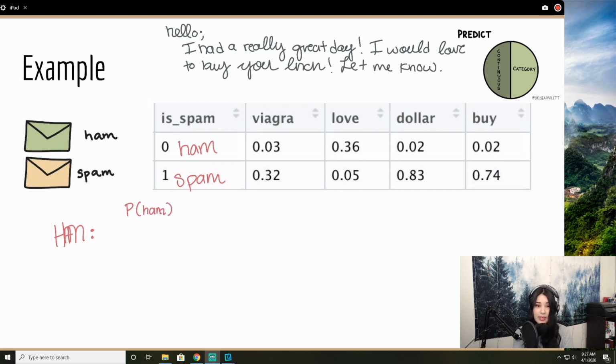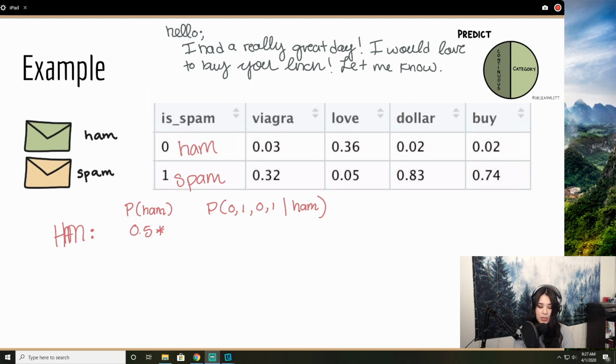And I don't have this in the table, but I'll just tell you, in this data set, the probability that an email is a ham email is 50%. So we'll start with 0.5. And then we'll go ahead and multiply that by the probability of seeing an email without the word Viagra, with the word love, without the word dollar, and with the word buy, given that it's a ham email.